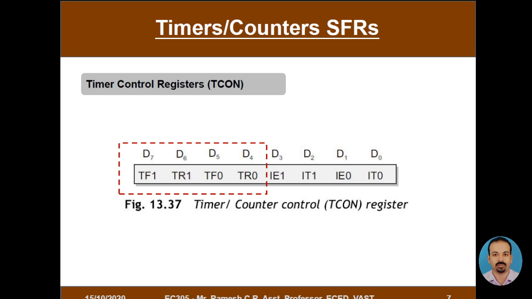For example, if we configure timer 1 as a 16-bit timer, that is in mode 1, then an overflow occurs when the count reaches FFFFH and on the next clock pulse it is initialized to 0000H.